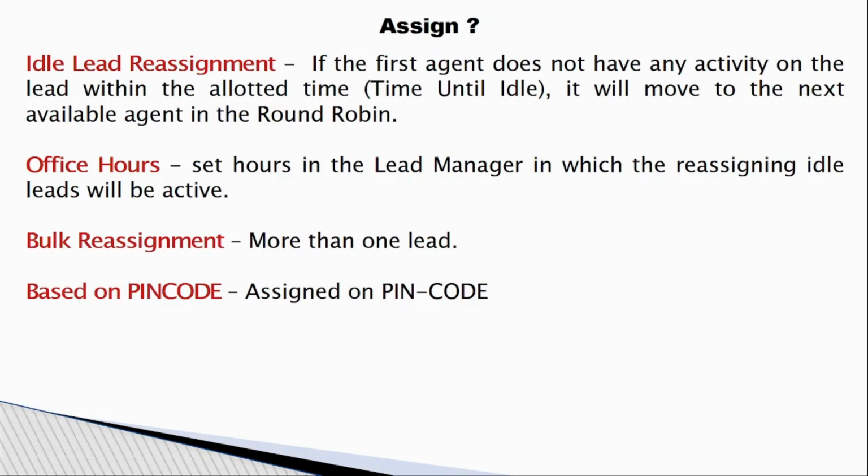So if one lead is there in Jubilee Hills and an agent is available in that pin code, automatically the lead will be assigned to that agent. If he has not attended for 2-3 hours, automatically it will be assigned to another agent available in the same address or same pin code.